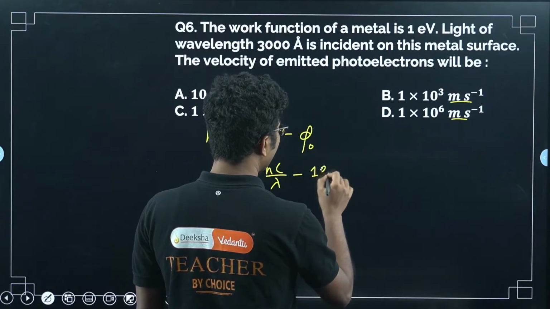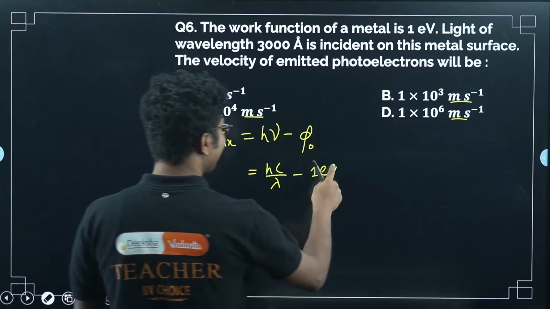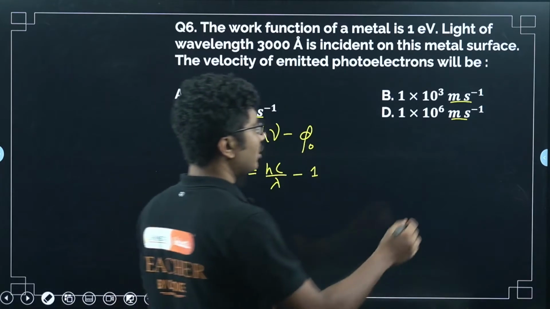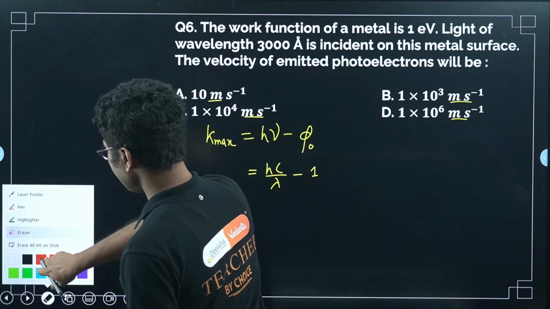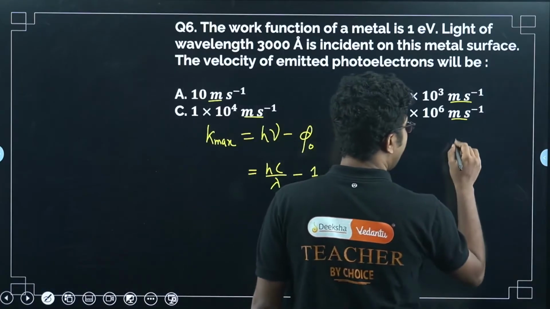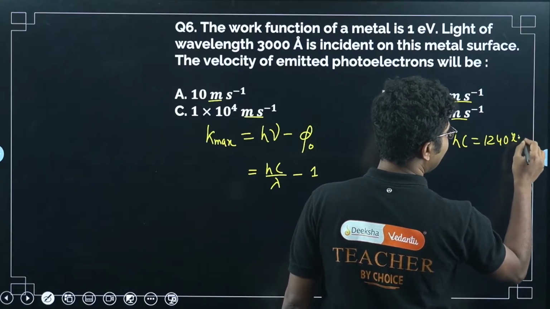So what we will do initially, let us see if we can do anything good, assuming the conversion ratio of hc equals 1240 eV nanometer.